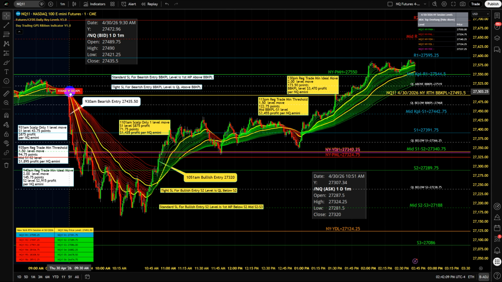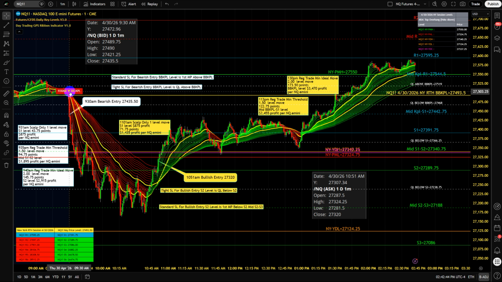And what that means is that it is within the 85% percentile of a close below or above the level in question. And so that keeps it within the acceptable range for a risk reward based on the stop losses that you would be using for those particular bullish bearish trades off the specific key level compared to the reward of at least the minimum profit threshold on a scalp.